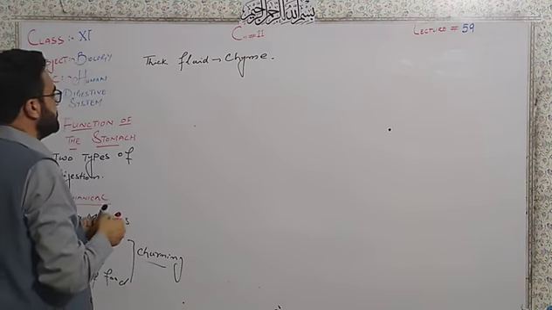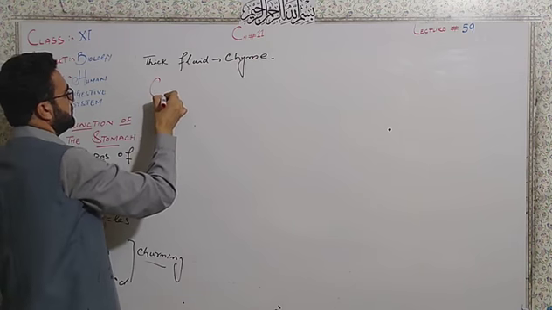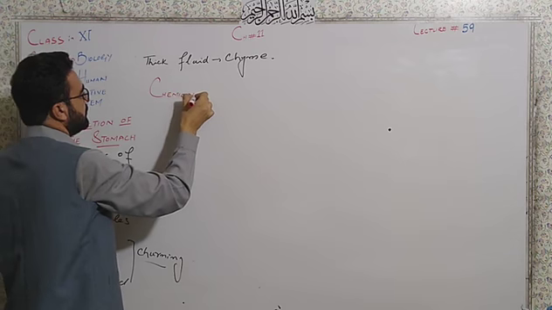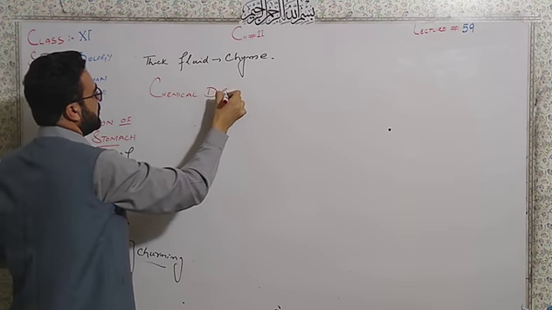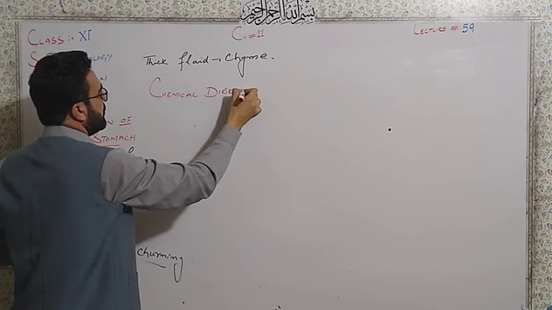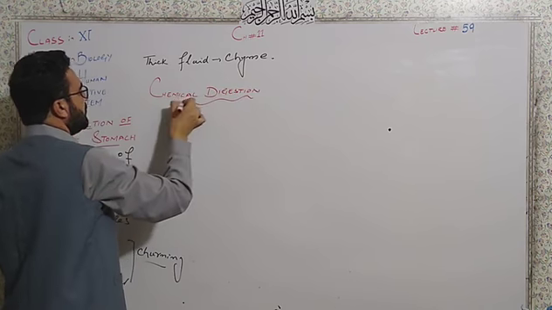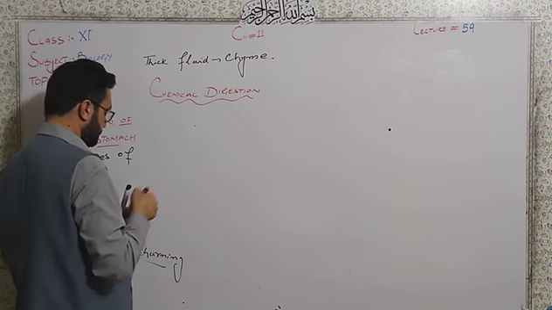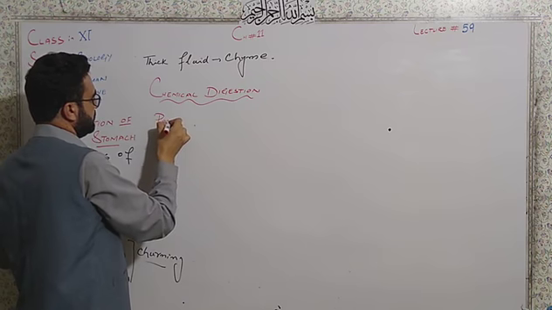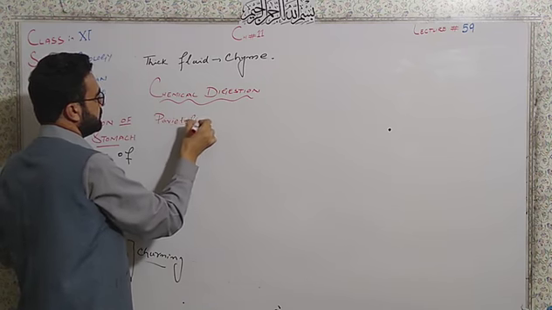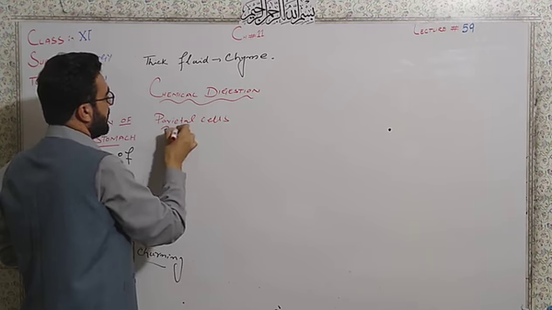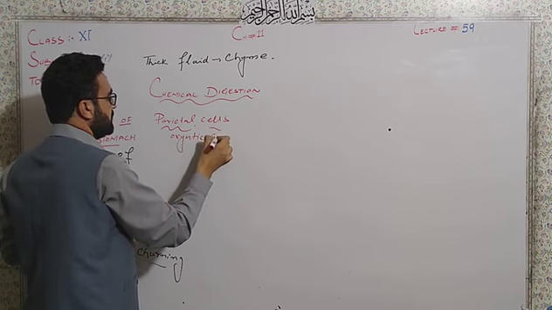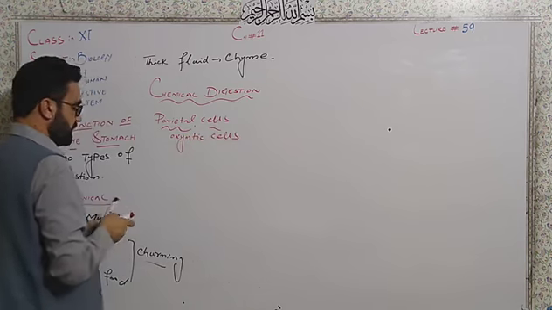In chemical digestion, the parietal cells, also called oxyntic cells, secrete two types of secretion.